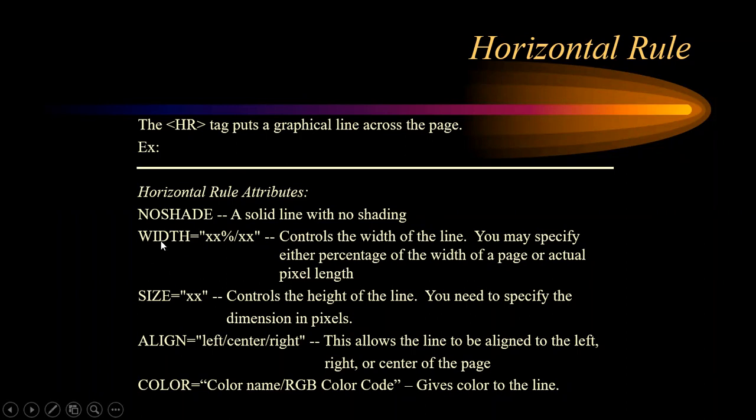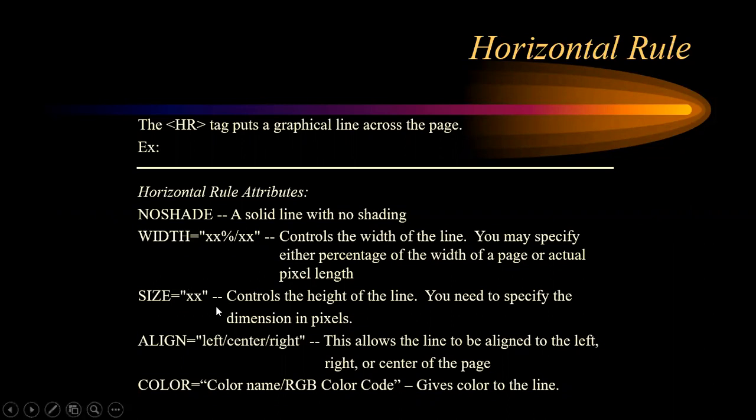Then comes the width. Width is actually the width of the line that we are inserting with the HR tag, and it gives the width to your line. This width may be a percentage of the width of the page, or it may be a pixel width.